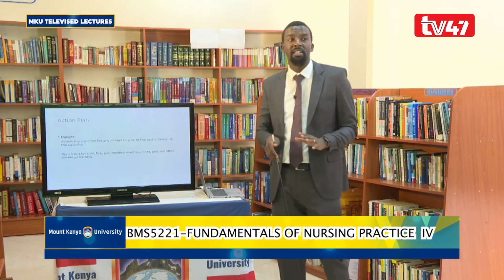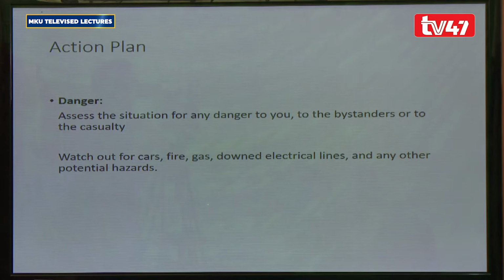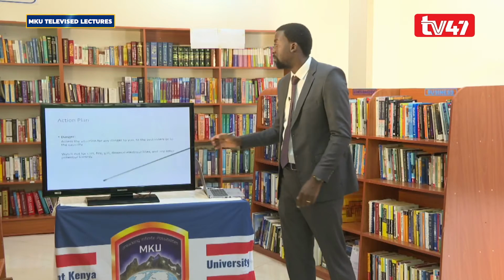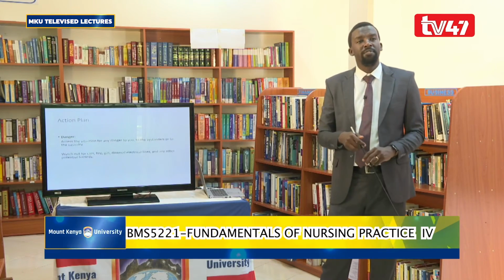So our action plan involves 4 aspects, and we shall begin with danger. What is the cause of the mass accident? What is going on, or what has resulted in the cause of bodily harm to patients or to your clients as a first responder? So always assess the situation for danger.